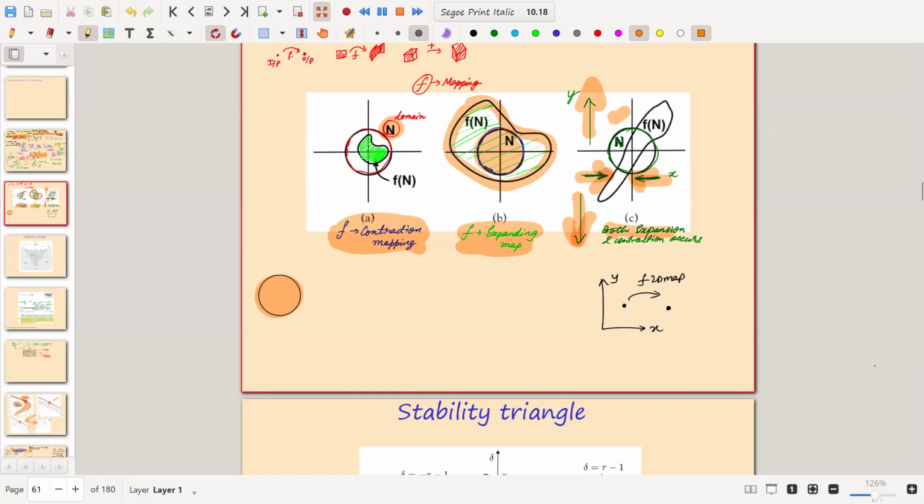So both expansion and contraction occurs. Now, how can we include this idea to Henon map? How will we know whether the 2D Henon map is an expanding map or a contracting map? Now you know the geometric idea of expansion and contraction of a 2D map. Now I am asking you the question that for the Henon map, is it an expanding map or a contracting map?